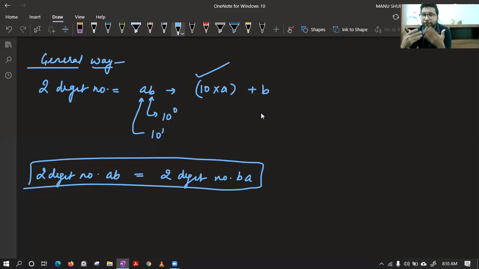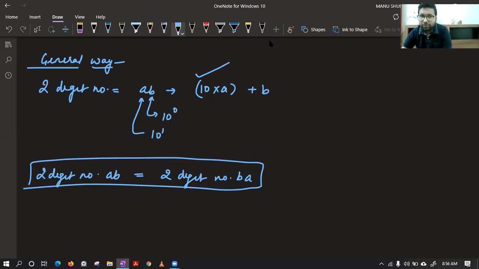Only if... Tell me fast. What should be the nature of A and B so that these two become equal, AB and BA? Very good Vardhan. Others please try. In what condition, what relation should they have, so that this relation becomes equal?